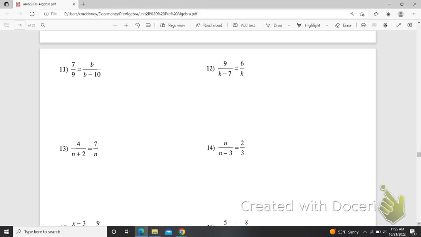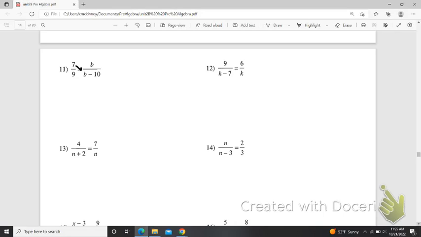Notice they are not always in the same fraction. They are not always in the bottom or the top. They could be in any number of places. So let's take a look at number 11 first. And this page will be an assignment to complete both sides, so this will be a few problems done for you.